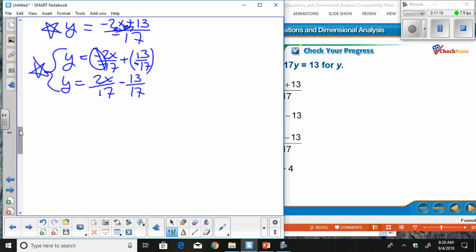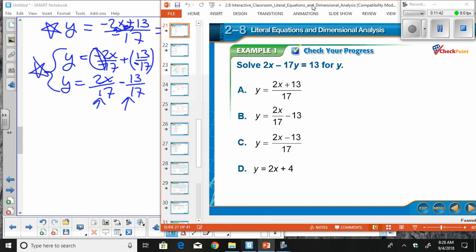So what they wound up doing is they took this answer, and when they took that negative through, they get y equals 2x. So that 2 becomes a positive, just like it did here. And it became a negative on the 13, right there, over 17. That way we don't have a negative on the bottom. That's what they did.